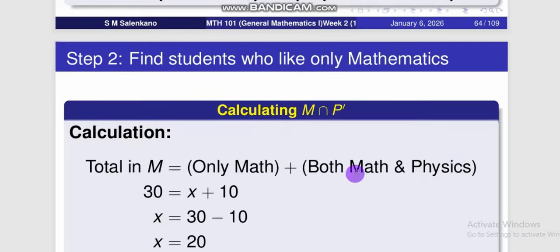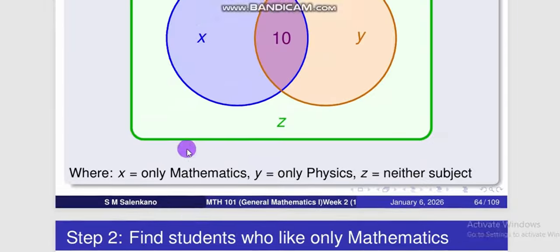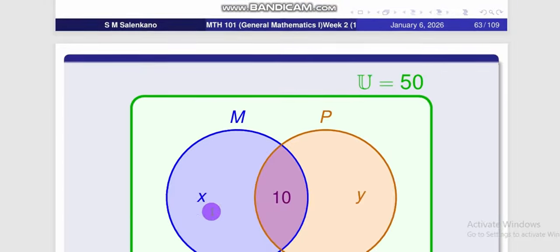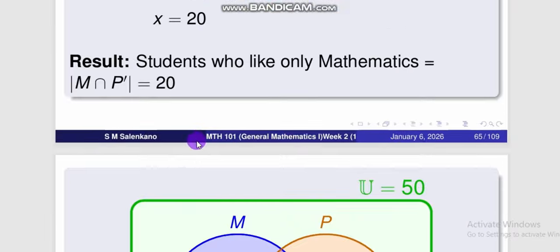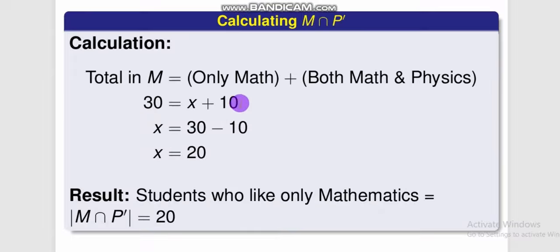So when you do that, you see the total 30 is equal to only mathematics, we don't know, this is the region that we put X. So we put X there in our equation, and then plus those who like both subjects are 10. So we have 10 here. So from here we can subtract 10 from 30. Our X is 30 minus 10, so X is 20, right?